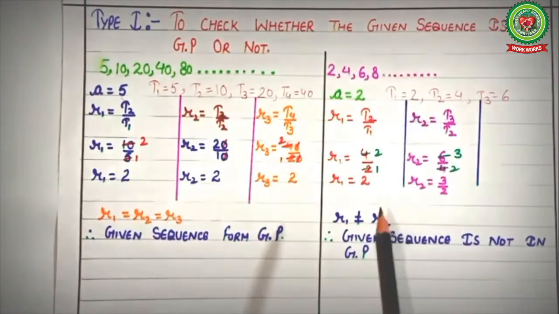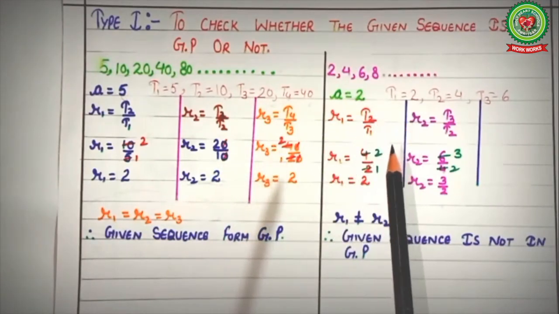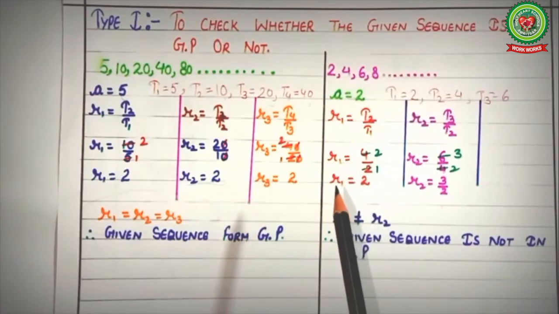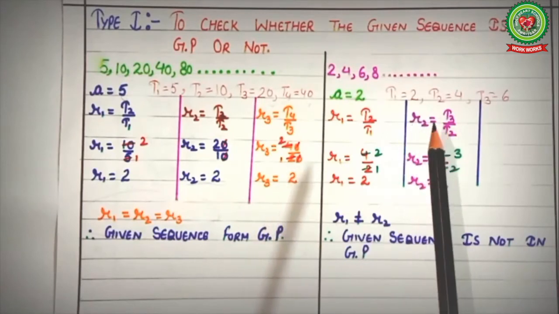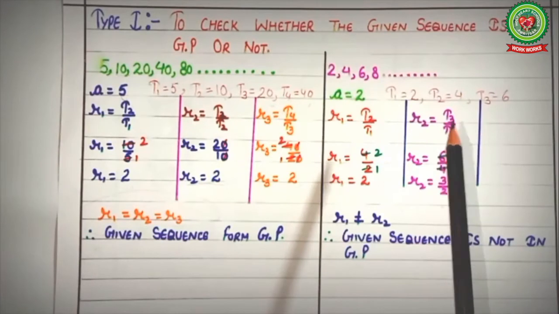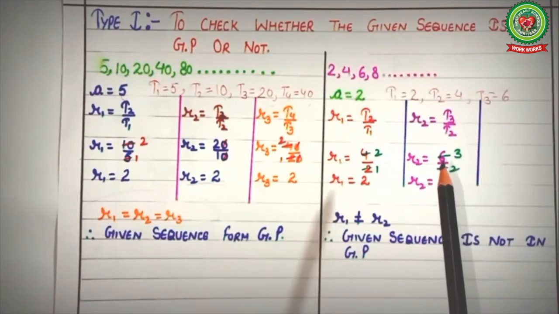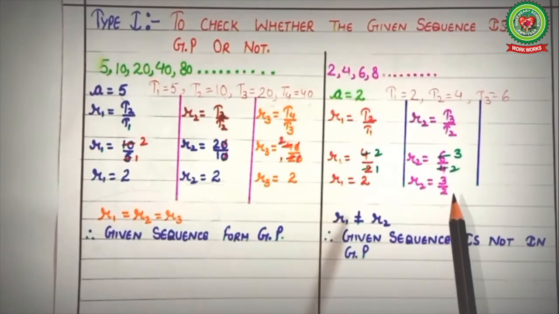R1 is equal to second term upon first term. Fill in the values. You will get R1 is equal to 2. Now the second ratio is equal to third term upon second term. You will get R2 is equal to 3 upon 2.